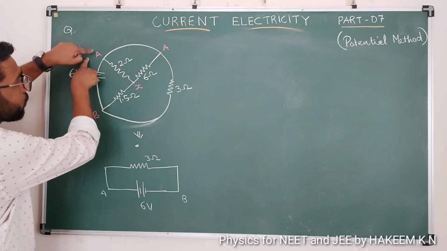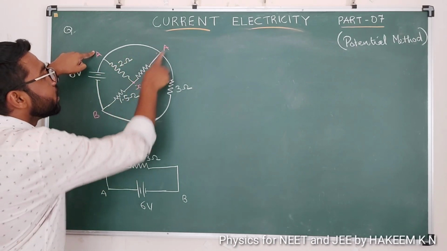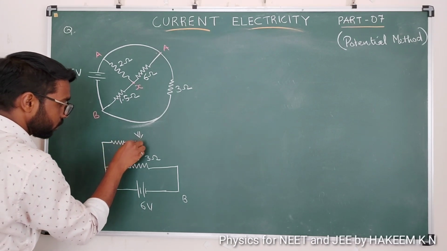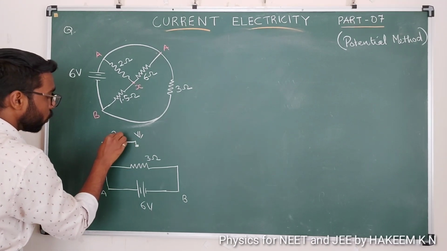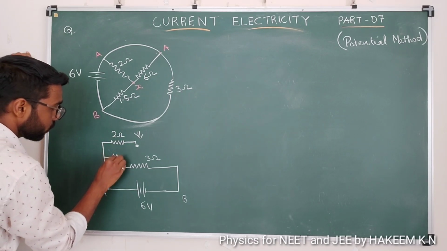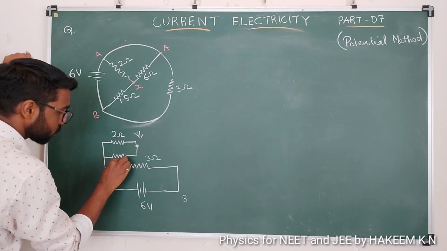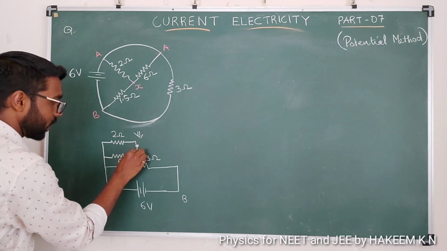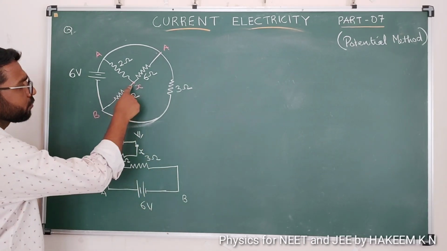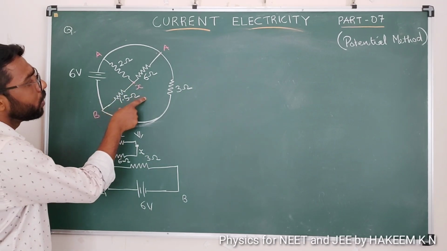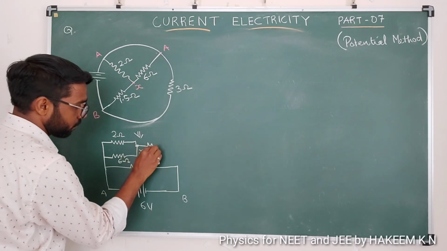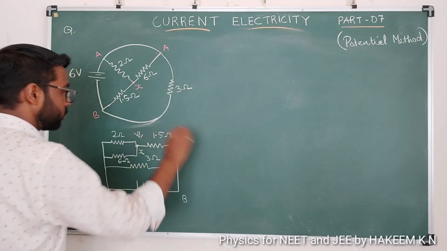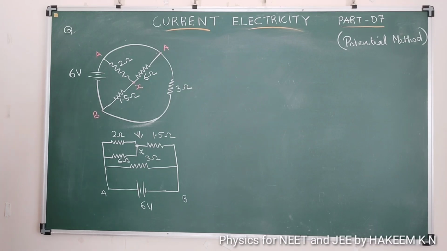So from A to X there are 2 ohm and 6 ohm. 2 ohm, 6 ohm from A to X. This point is taken as X, and from X to B there is only 1.5 ohm. This is the equivalent network.